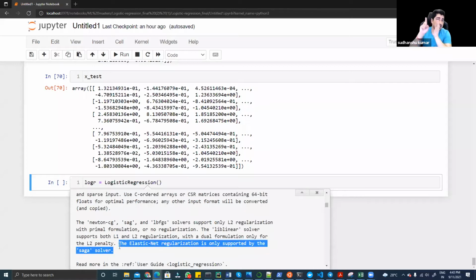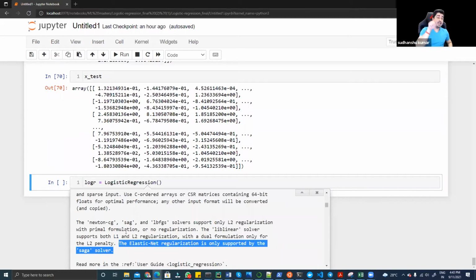So there is an LBFGS solver, a Saga solver, a SAG solver, a liblinear solver. If we use a different kind of solver, it is going to use a different kind of regularization. So again, in an interview, if someone asks you whether logistic regression implements regularization by itself?